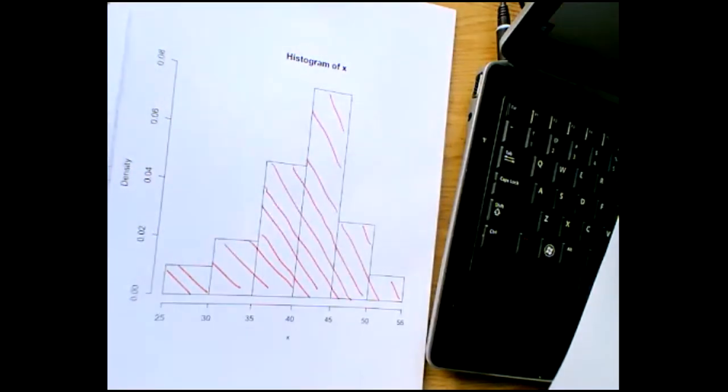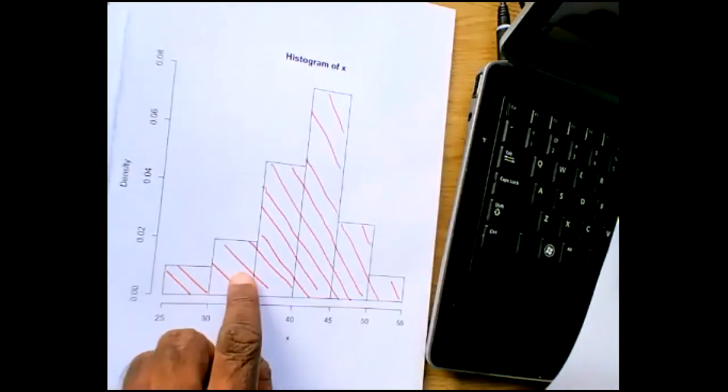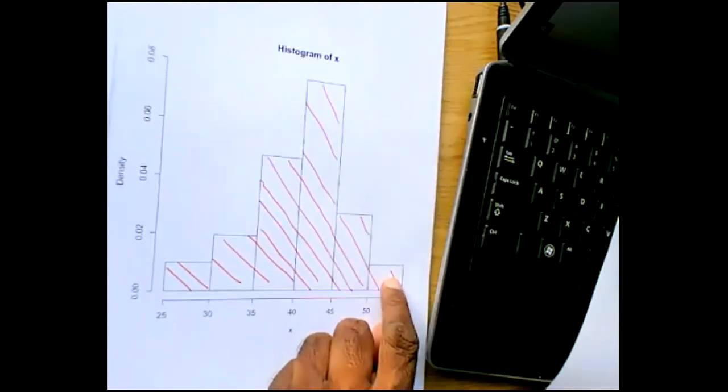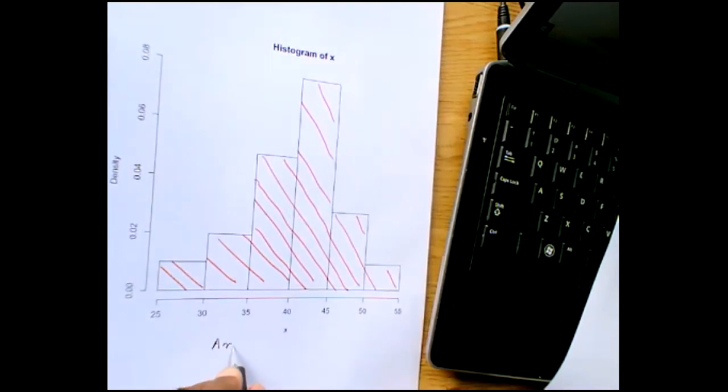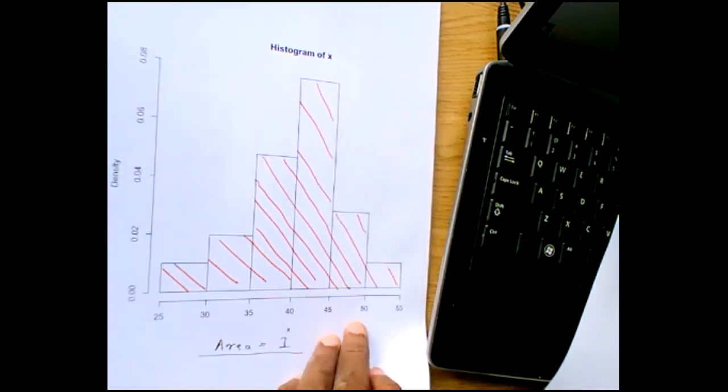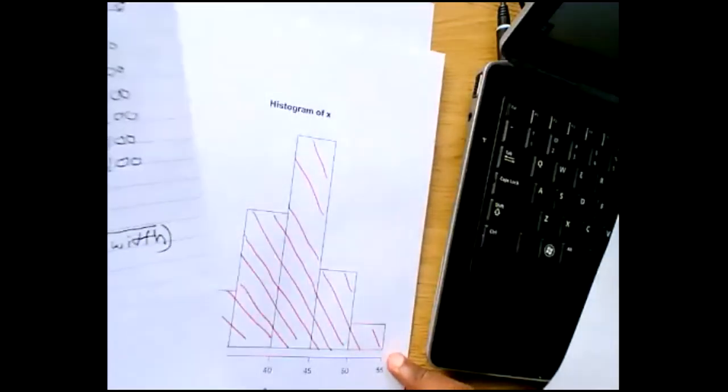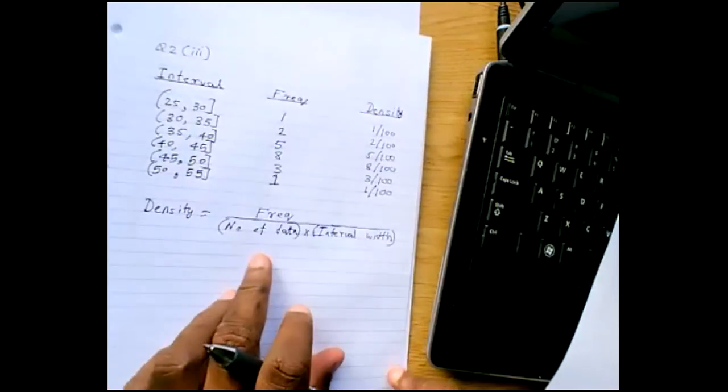In other words, if you find the area of each of these rectangles and sum them up, they must add up to 1, right? Okay. All right. So that's part 3 of question 2. Are you guys okay with this or not? Any questions on part 3, guys? Are you okay? Yeah. All right.